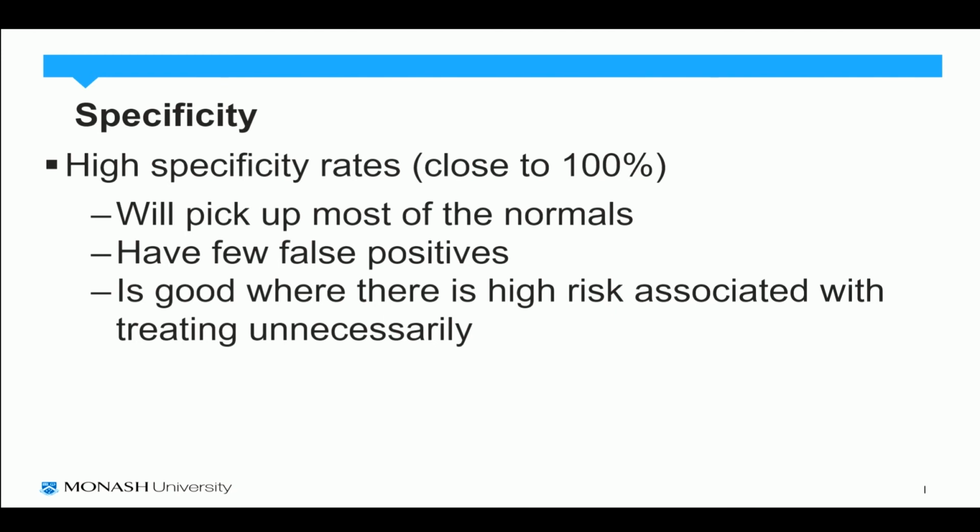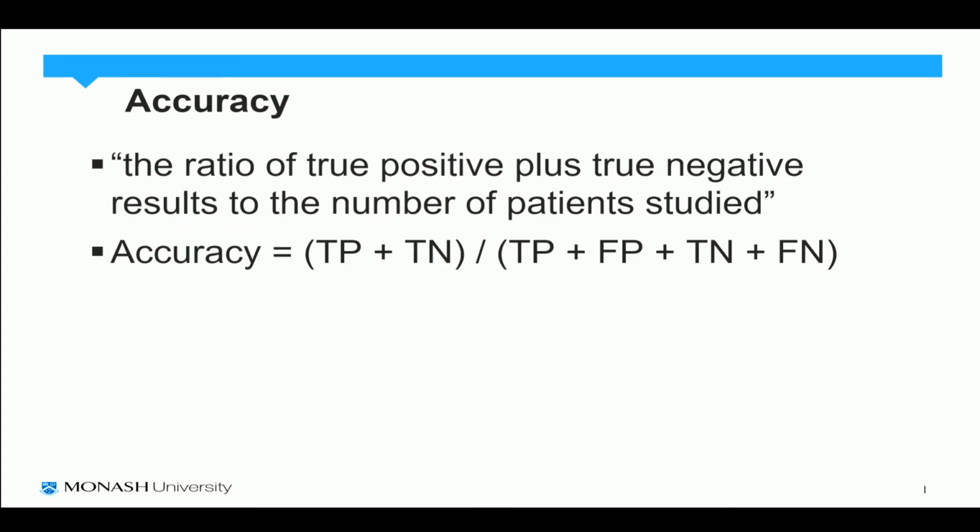And this is really good because it's in the area where there's a high risk associated with unnecessary treatment. So the accuracy rate is the ratio of true positive plus true negative results to the number of patients studied, and there is the formula to work that out.